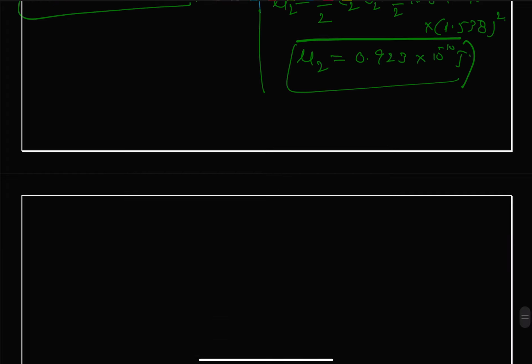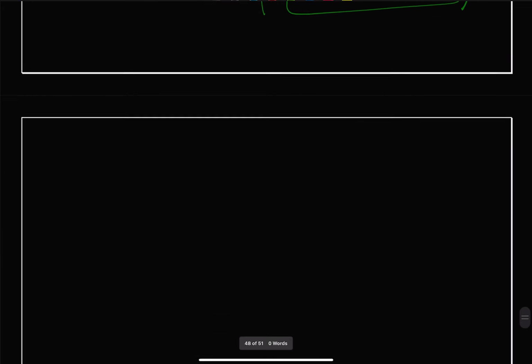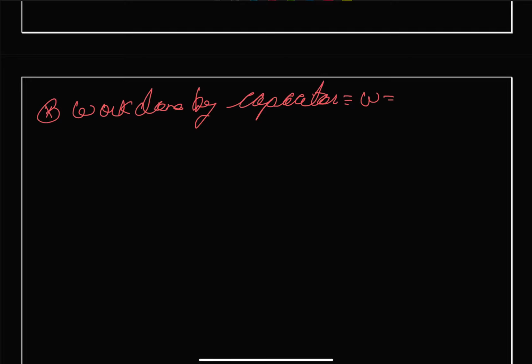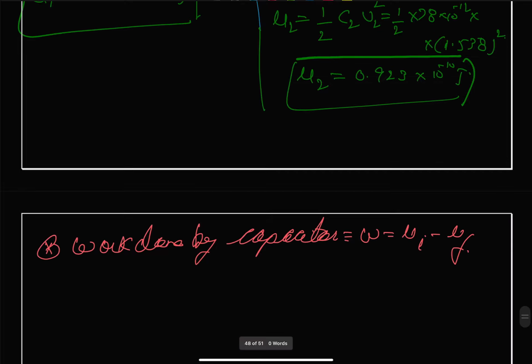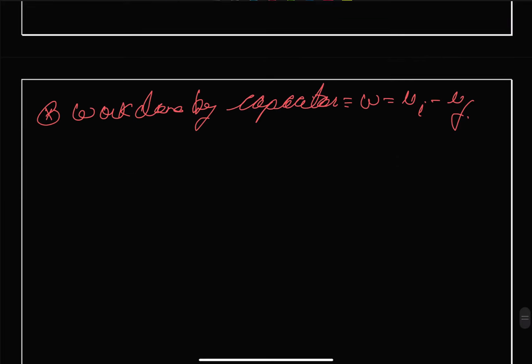Now we can easily find the work done by the capacitor. Work done by the capacitor, W, is equal to U initial minus U final, which is U1 minus U2.